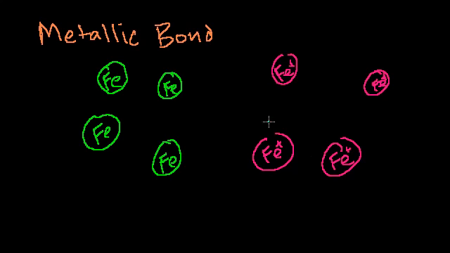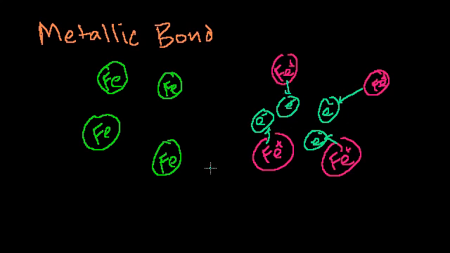And then their electrons kind of just form this sea out here that they all share. e-, e-, e-, e-. And because their electrons are all in the sea and they've gotten this positive charge, they're attracted to the sea that they've created. They're attracted to their shared electron pool that all of the atoms have donated to.